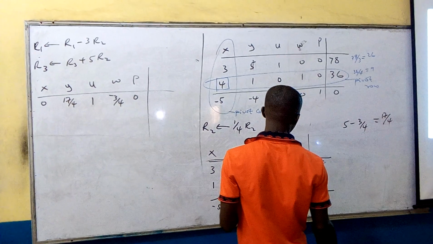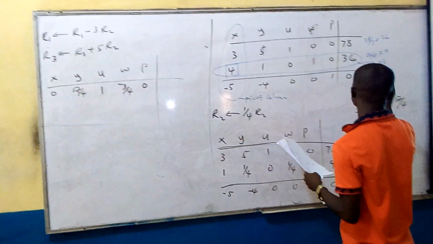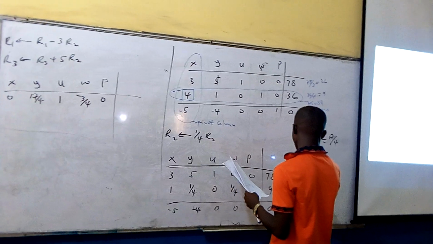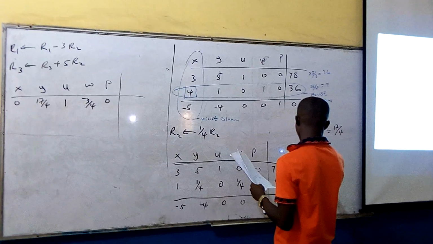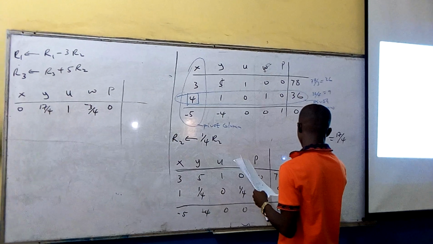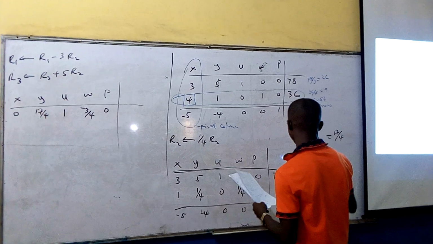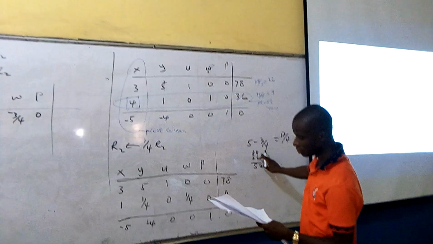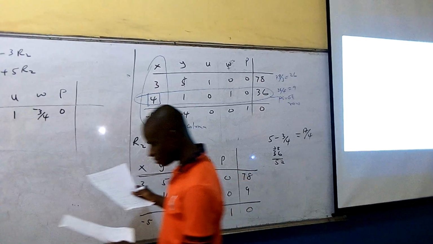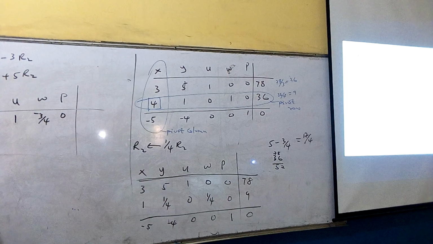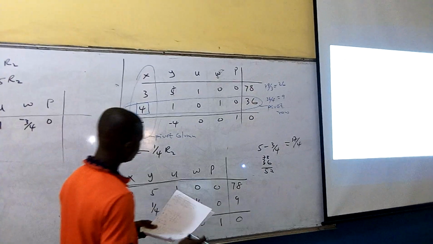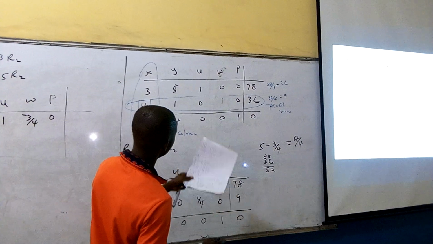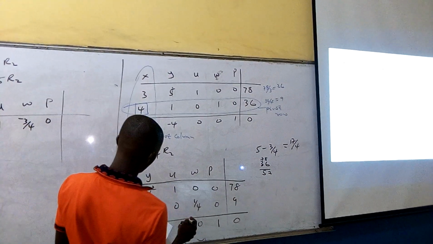3 times 9. 3 times 9 is 36, right? Yes, 36. So 78 minus 36 is 42.